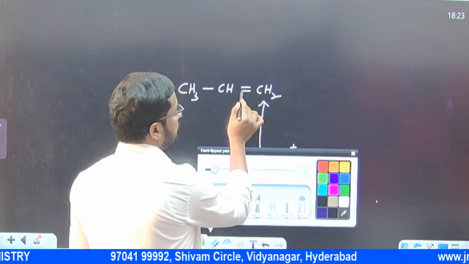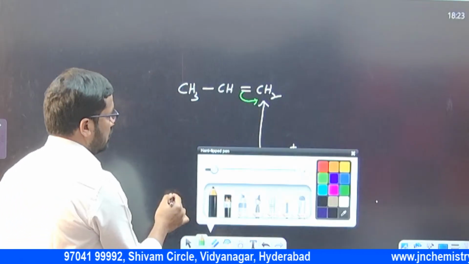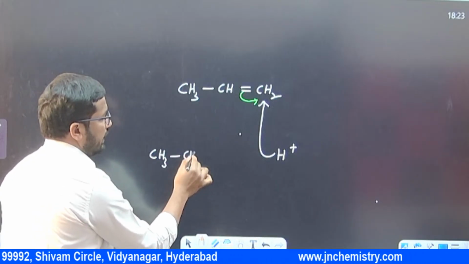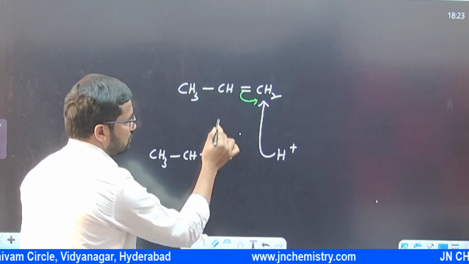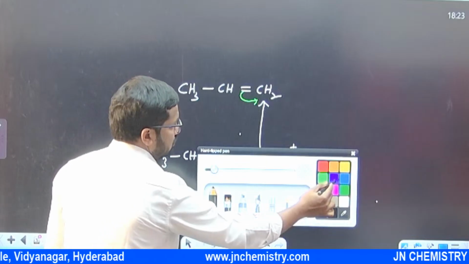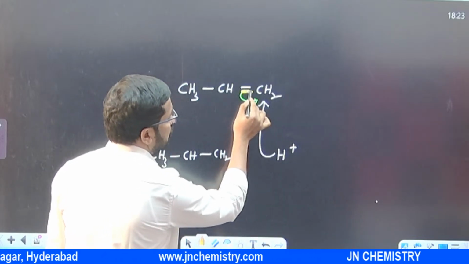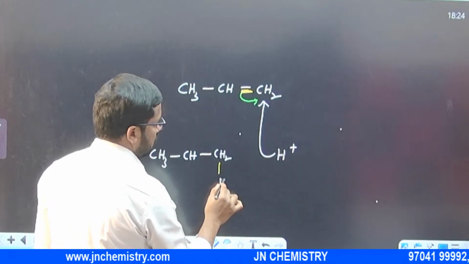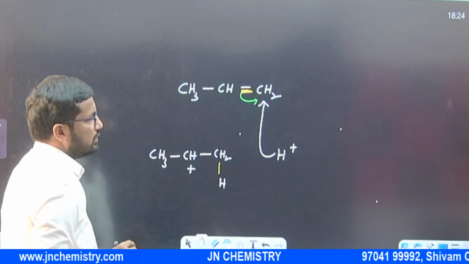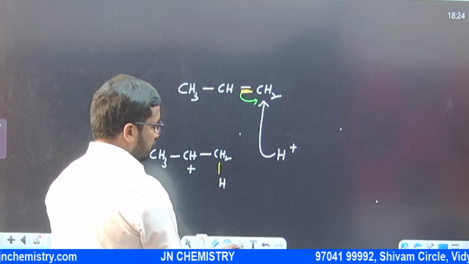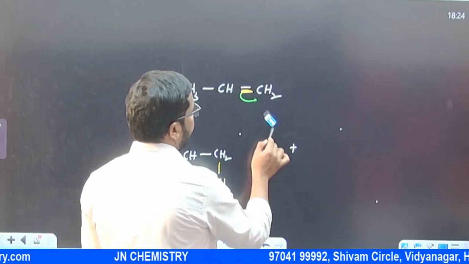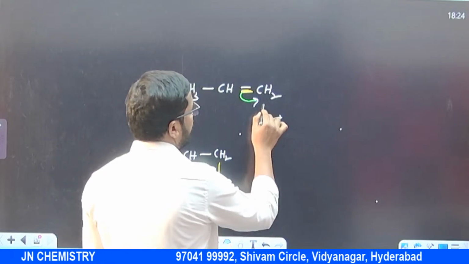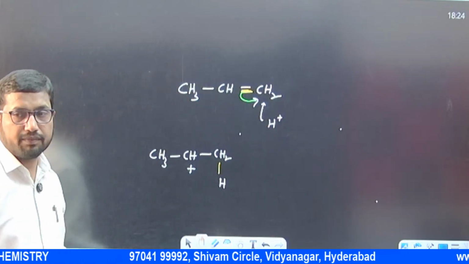What exactly happens? This bond comes over here. We get CH3, CH, CH2, and I'm writing the bond in yellow color, H, and here we will get the positive charge. This is heterolytic cleavage. H plus is attacking over here.